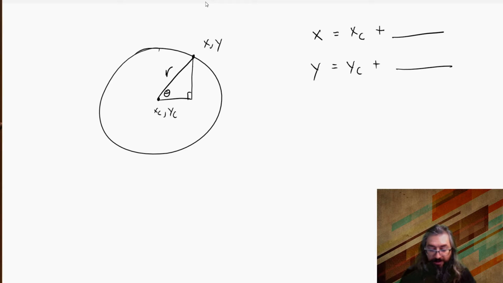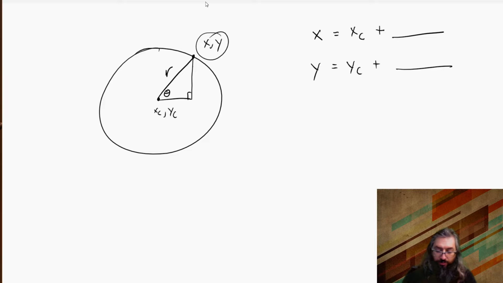Because if we change the angle to 20 degrees or 30 degrees, that's going to result in a different XY pair. So now we have the ability to set the angle, and that's going to dictate the rest of the triangle.